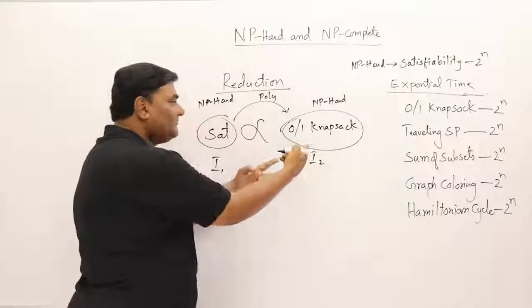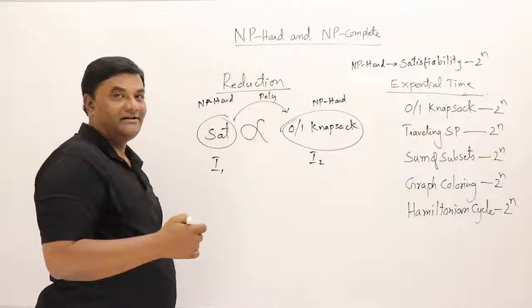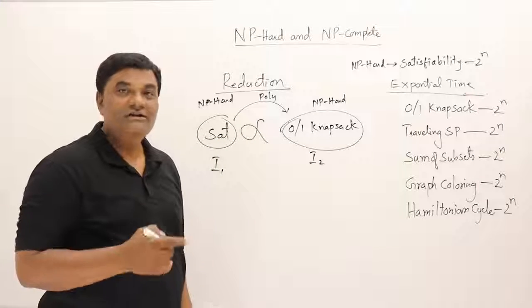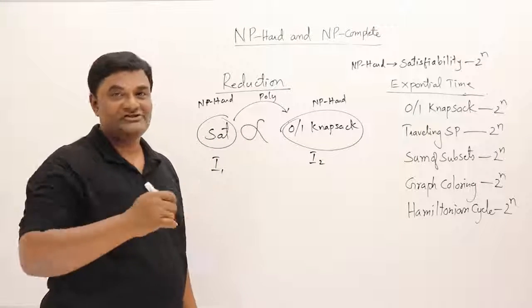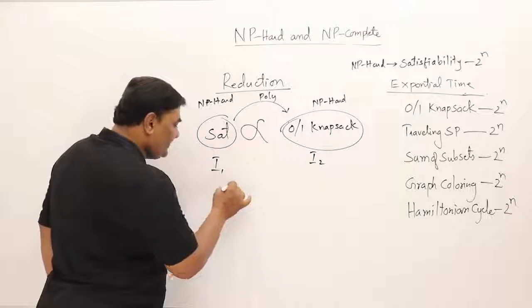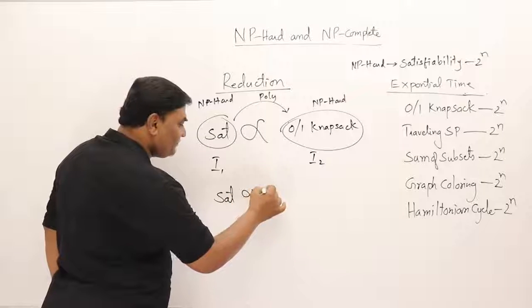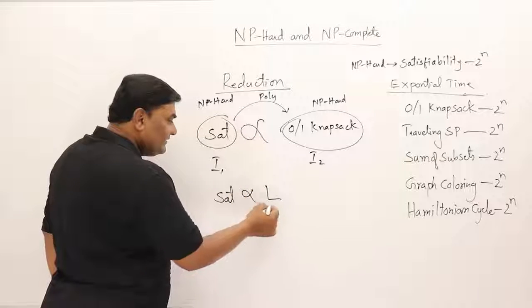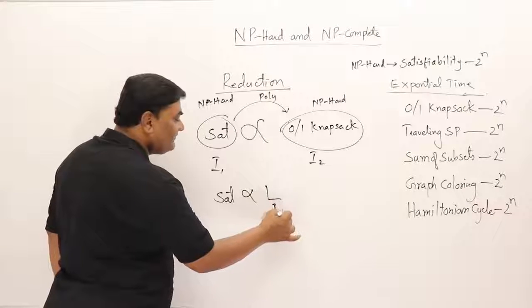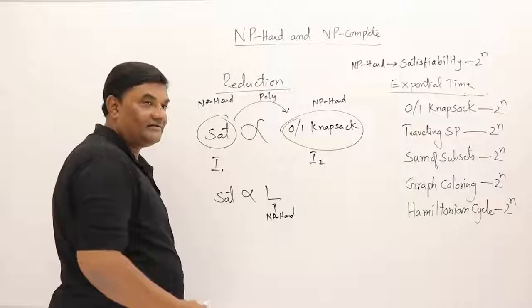Now this problem comes into the class of NP hard. This means that if you solve any one, the other one automatically gets solved. So we have proved the relationship between them. If you show that satisfiability reduces to some problem L, then that also becomes NP hard.